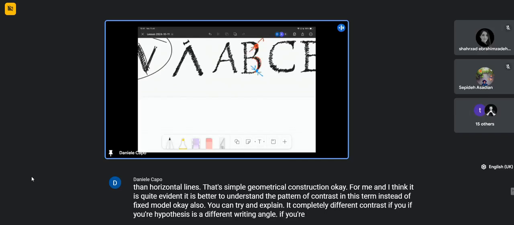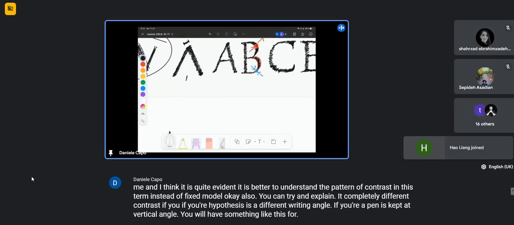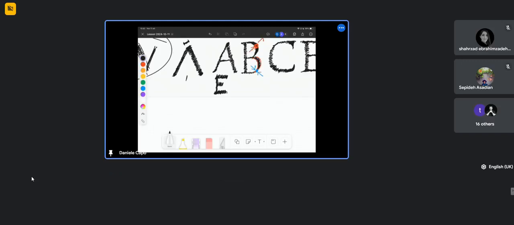If your pen is kept at a vertical angle, you will have something like this for E. So, thick horizontals and thin verticals.